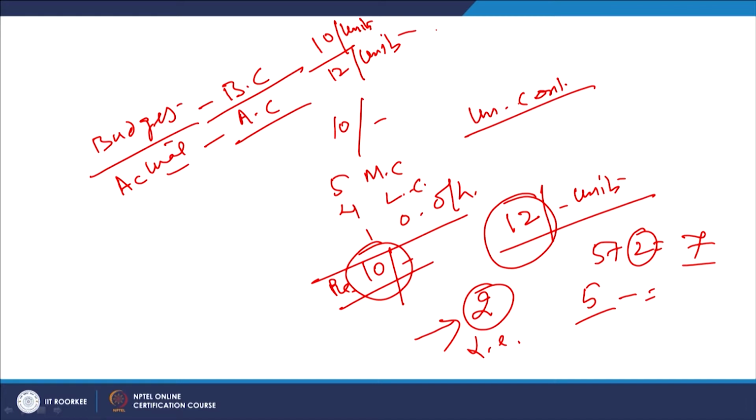And in case of the cost itself, if the budgeted cost was more and the actual cost is less, it's a positive variance. So still we have to find out why there is a positive variance. Either our budget process was defective, or actually we have become very effective while going for the actual production.